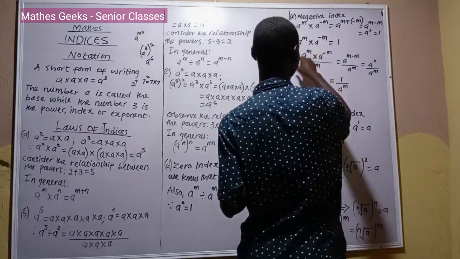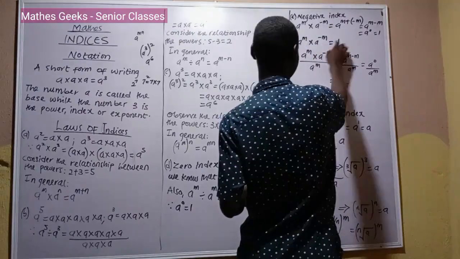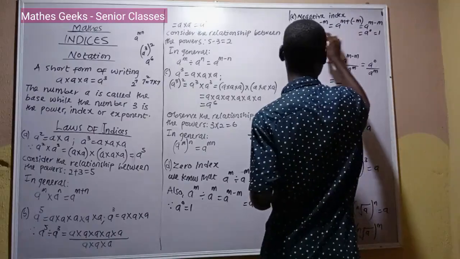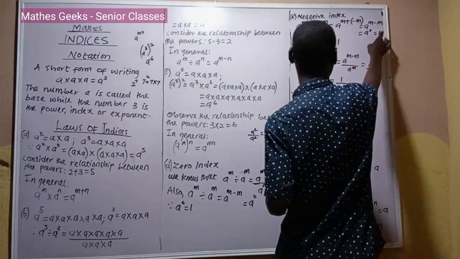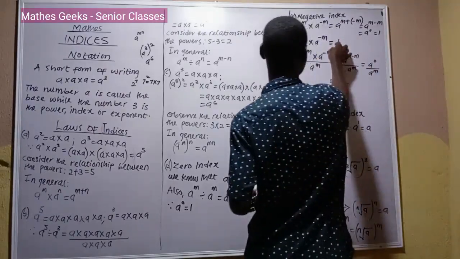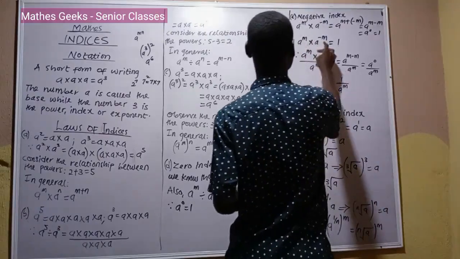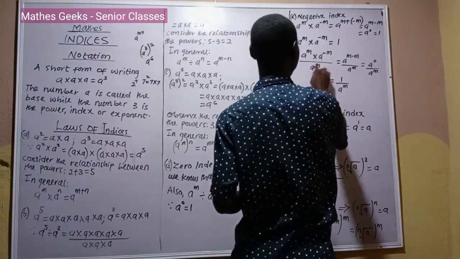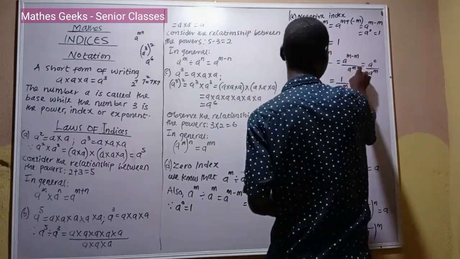Why? Okay, we've already done that part. This part here is exactly what I did here. You simplify this way and you get the final answer 1, and that's what I just put here as equal to 1. Another way to go about it is that a raised to minus m divided by a raised to m is equal to a raised to m minus m over a raised to m.